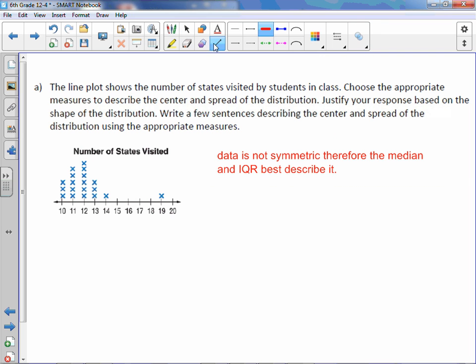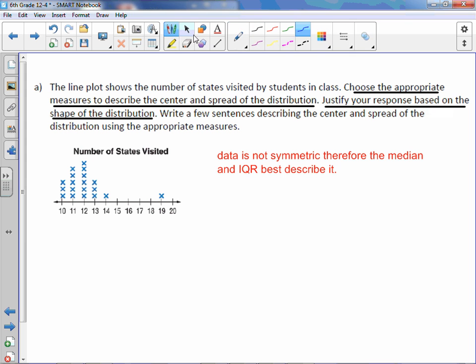That answers this part: justify your response based on the shape of the distribution. We chose our appropriate measure. That takes care of that chunk. Now write a few sentences describing the center and spread of the distribution. Well, we have to actually find them.